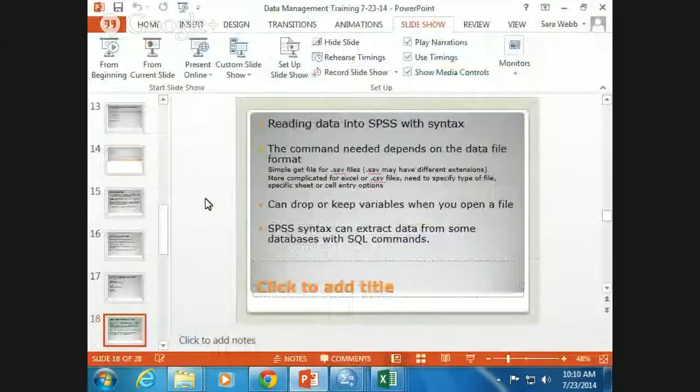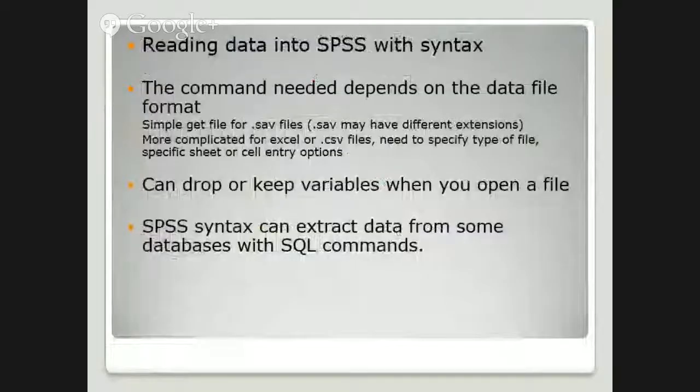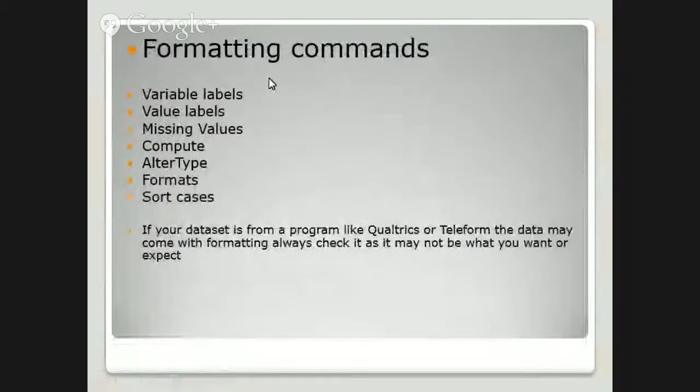Okay, so I'm going to run through some formatting commands, adding labels and values and missing values, and doing a couple other things that are a little bit more involved, but this stuff is all pretty straightforward.